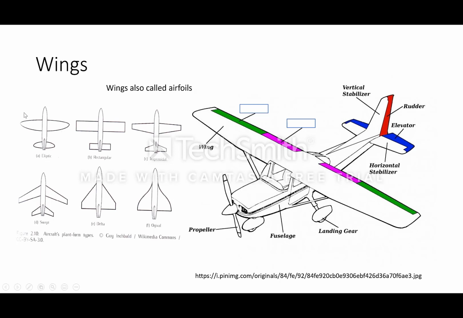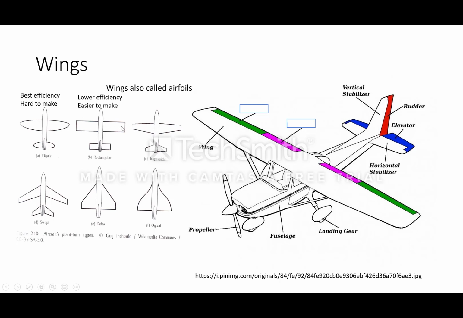An elliptical wing is more like oval in shape. Those are the most efficient wings, but they're hardest to make. If you go to the opposite end of the spectrum, you get the rectangular wings, here in the middle.